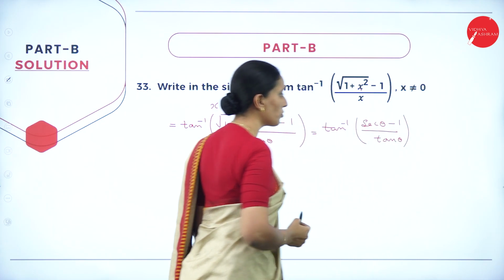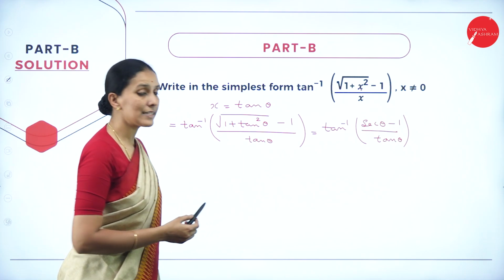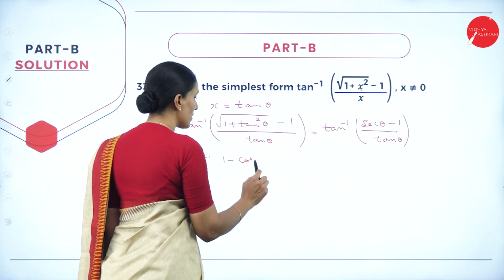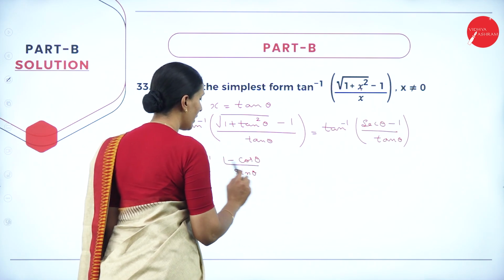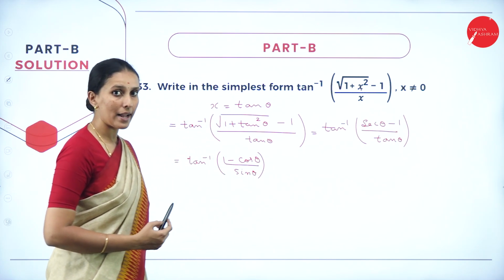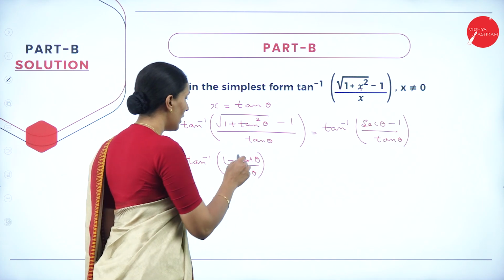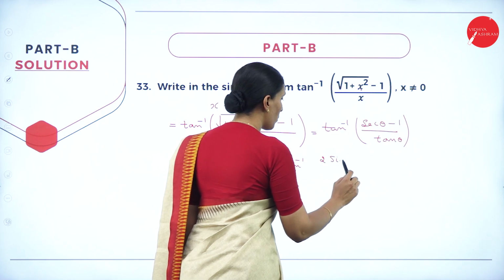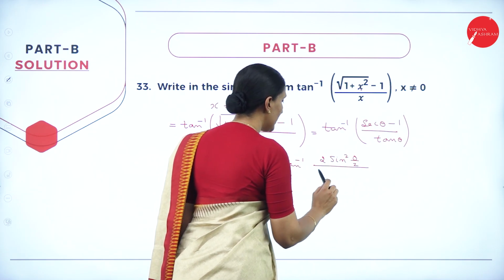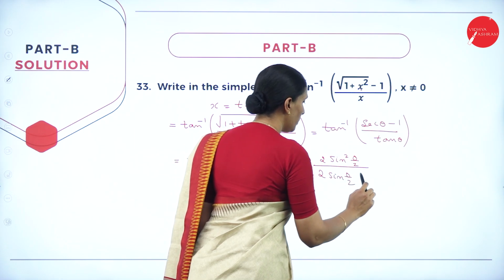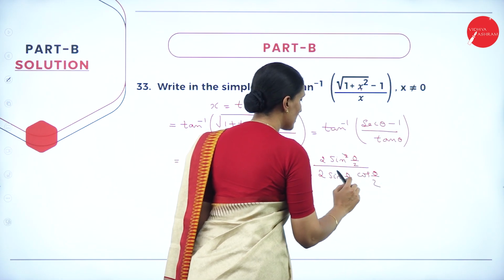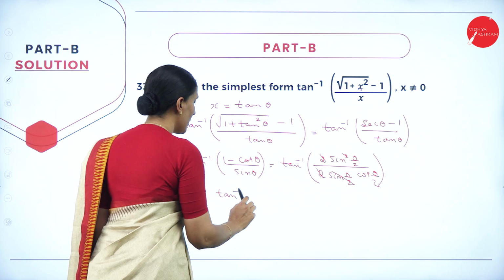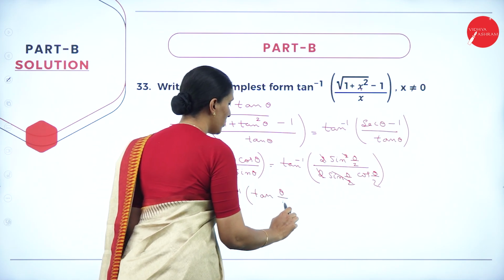Now let's take the substitution of secant as 1 by cos, tan as sin by cos. Then the expression becomes tan inverse of 1 minus cos theta divided by sin theta, and the cos in the denominator cancels for both numerator and denominator. Let's use the half angle formula here. We get tan inverse of 2 sin square theta by 2, and sin theta as 2 sin theta by 2 cos theta by 2, which cancels here, and sin by cos we get this as tan inverse of tan theta by 2.